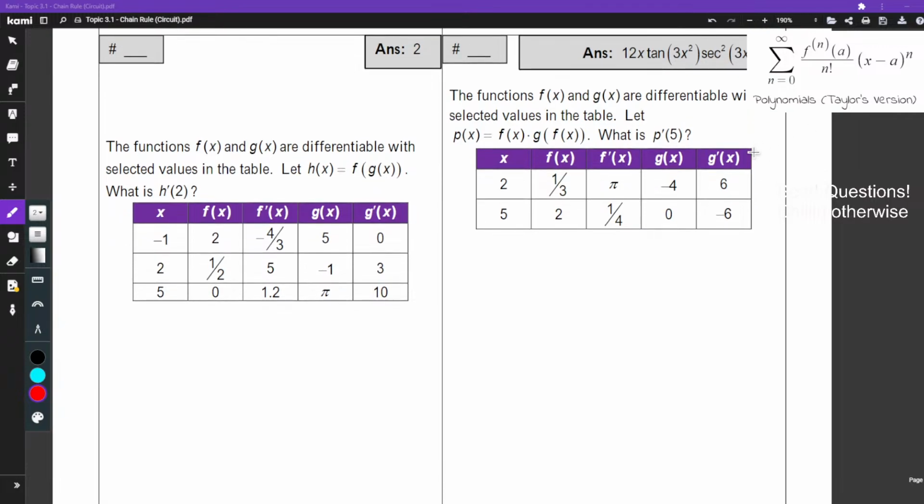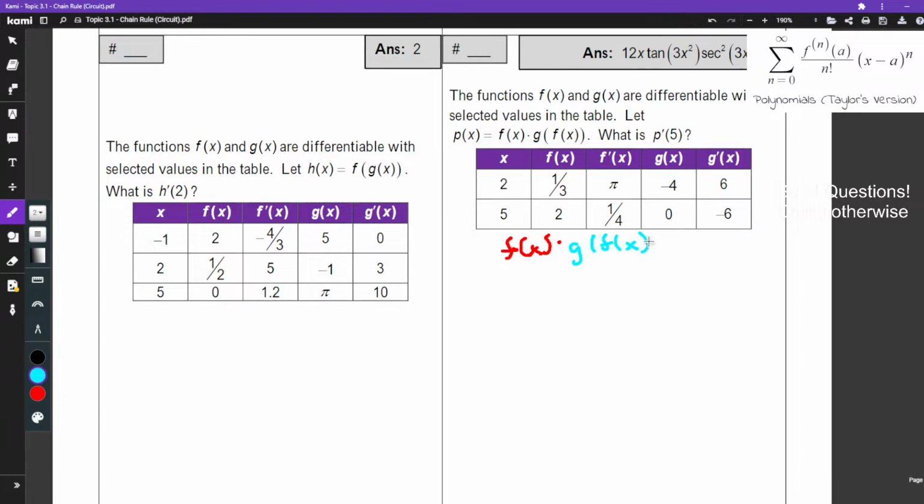Yeah, I could do 12. So 19, we have f times g of f of x. So when I see this, I see f of x times g of f of x.